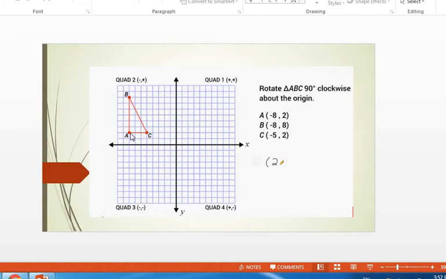For A, this is the X-axis and this is the Y-axis. If I don't have numbers, I can count: 1, 2, 3, 4, 5, 6, 7, and 8. So this is negative 8. Why negative 8?